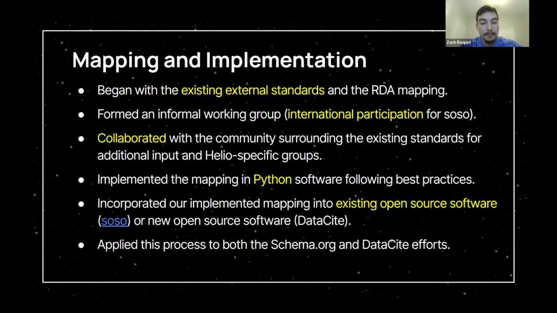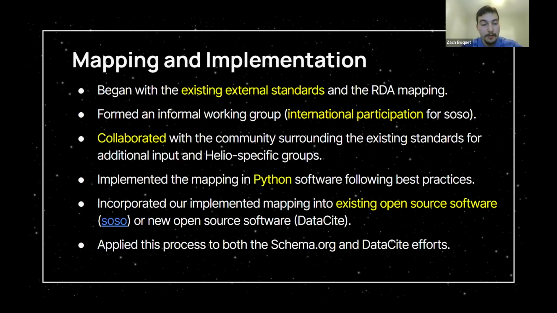Now, when it comes to mapping implementation, we first began with the existing external standards and existing RDA mapping. The external standards were, as Matt touched on earlier, the science-on-schema.org dataset guidelines. We then formed an informal working group with international participation.